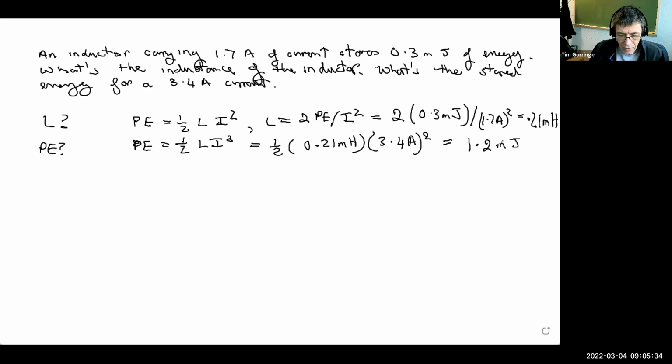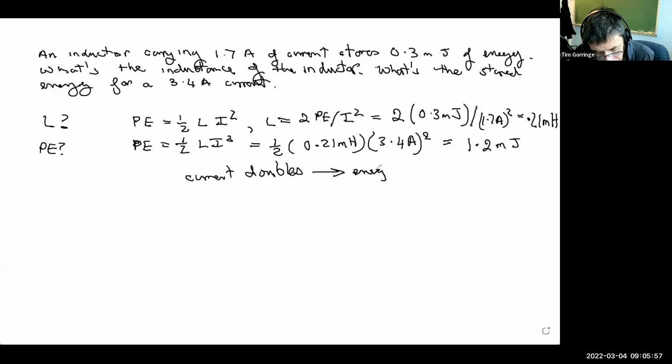So the current doubled from 1.7 amps to 3.4 amps. And since the energy depends on the square of the current, the energy quadruples.